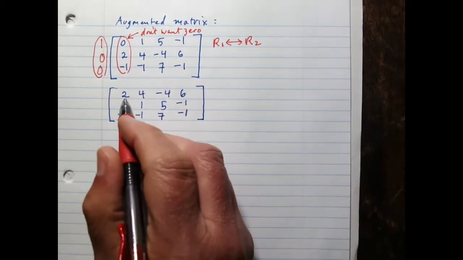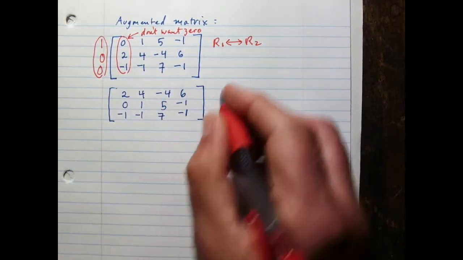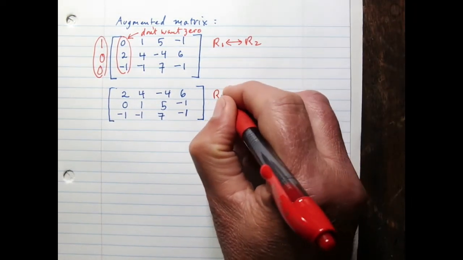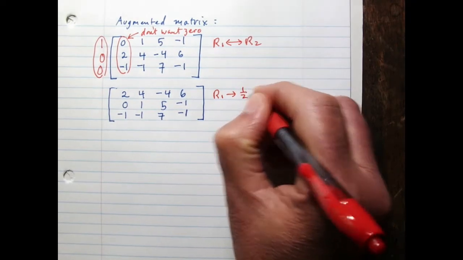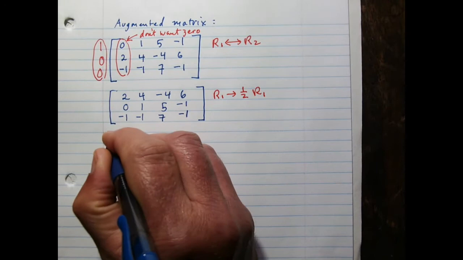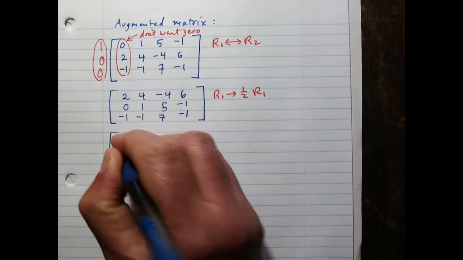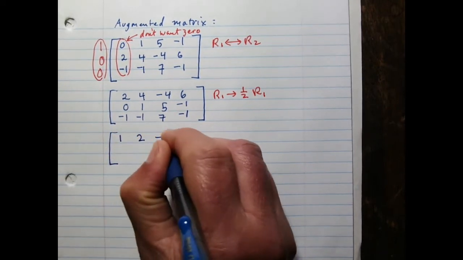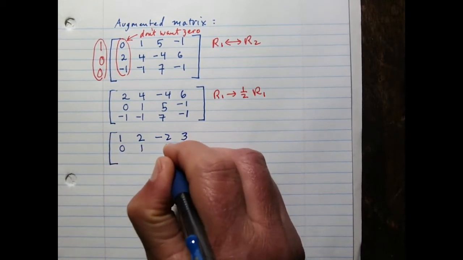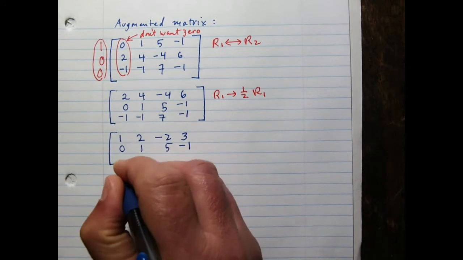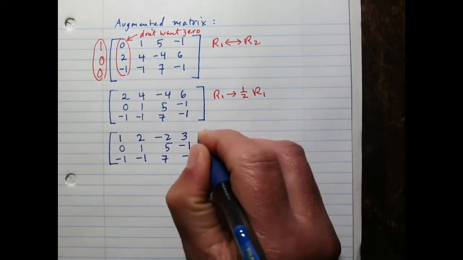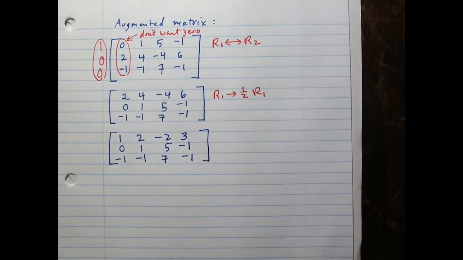The textbook says sometimes they leave that for later, but I like to get the 1 in that top position right away. So I'm going to replace row 1 with 1/2 row 1. So I have 1, 2, -2, 3, 0, 1, 5, -1, -1, -1, 7, -1. So only the first row has changed.